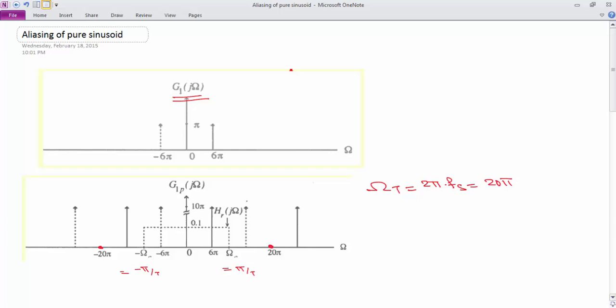Now this impulse location of this is 20 pi minus 6 pi, which is 14 pi, whereas your sampling rate is pi by T, which is 10 pi.